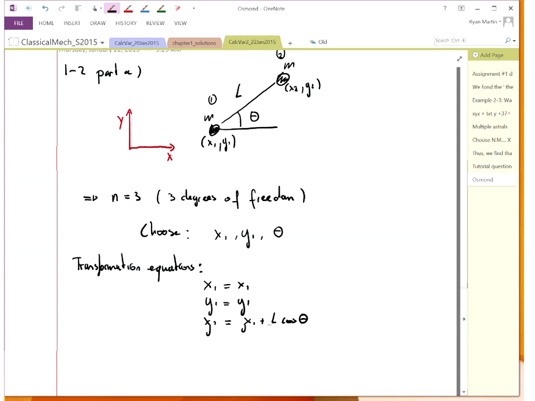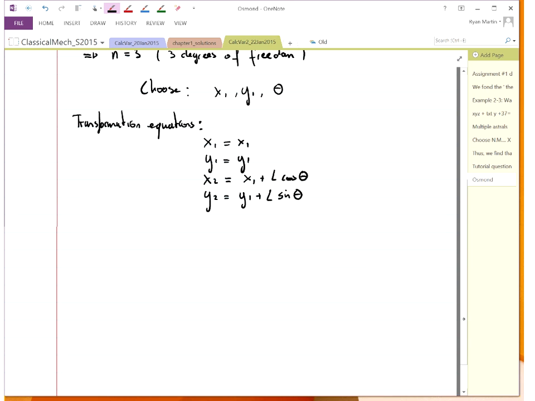So now let's find our velocities. So the x1 dot, so the left-hand side dot as a function of the right-hand side. Of course x1 dot is trivial, it's just x1 dot. y1 dot is trivial, it's just y1 dot. Then we have x2 dot. So that's d by dt of x1 plus L cos theta. So d by dt of x1 is just x1 dot.